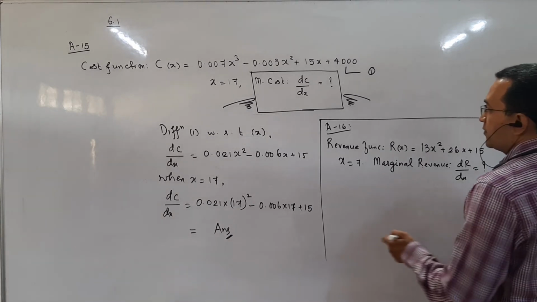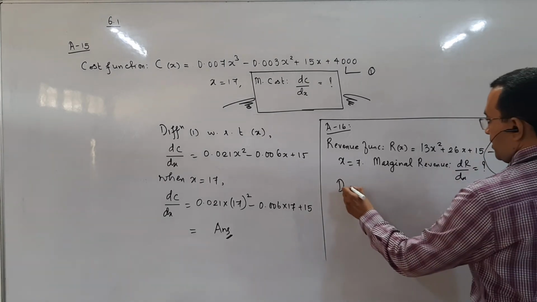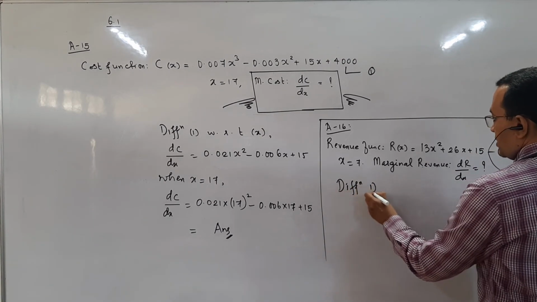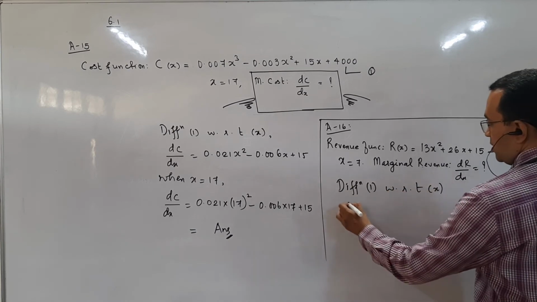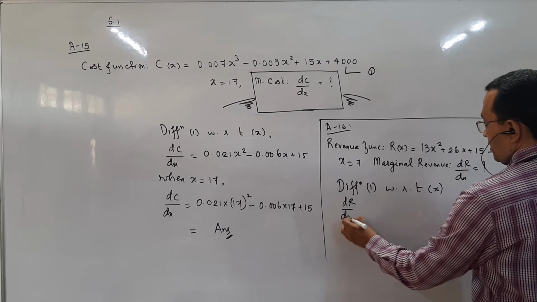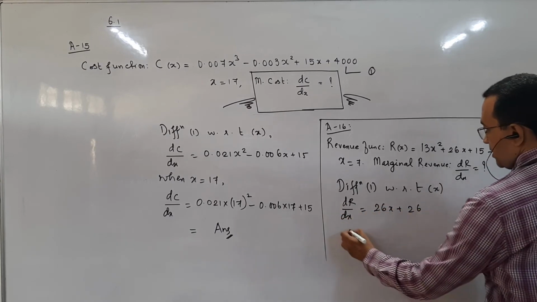So differentiating with respect to x, I call this result 1. Differentiating 1 with respect to x, dR by dx will be 26x plus 26.